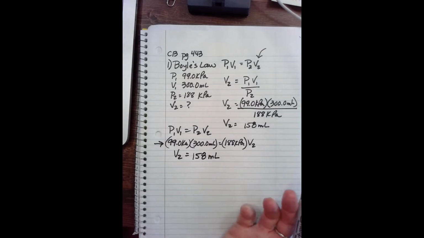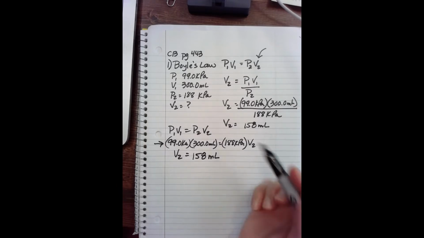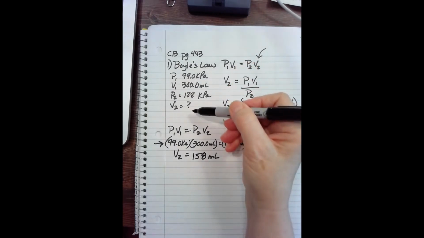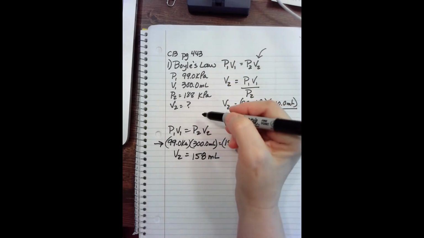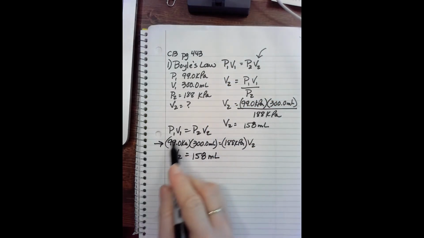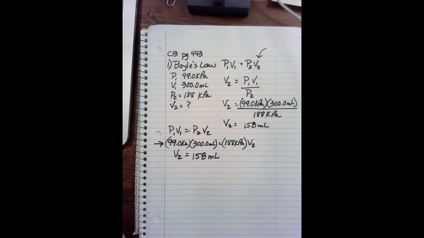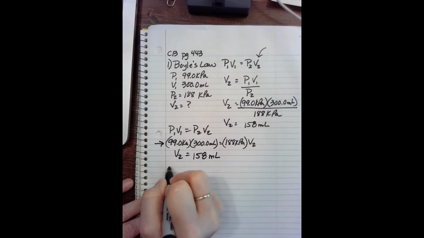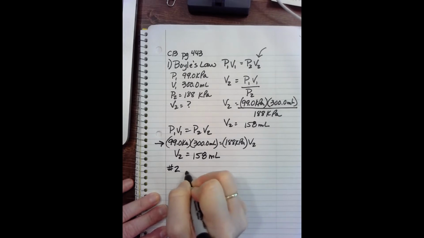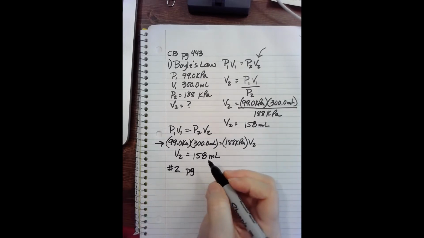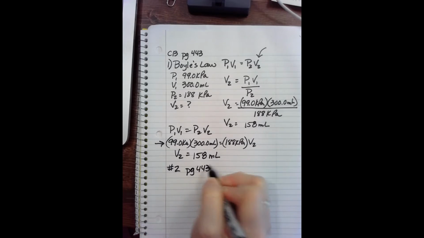Either one is acceptable. You can see that we get the same answer every time. So you do the one that makes the most sense to you. What I do recommend is this chart, so that you can adequately fill that in on your equation. All right, so that's one Boyle's law problem solved for you. And so your task is to answer number 2 in the practice problem on page 443.